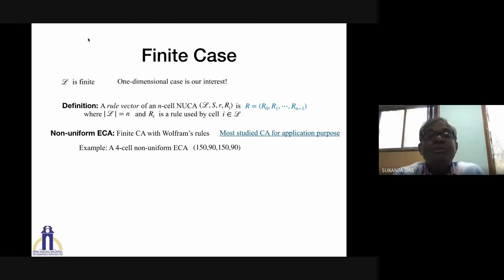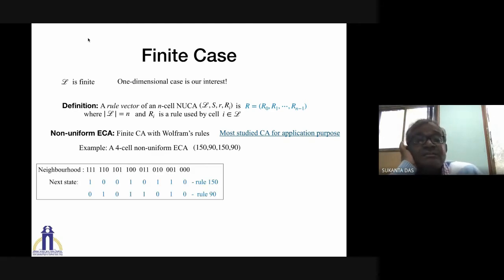There are four cells, so four rules. What does it mean? Here you see that R0 is 150, R1 is 90, R2 is 150, and R3 is 90.